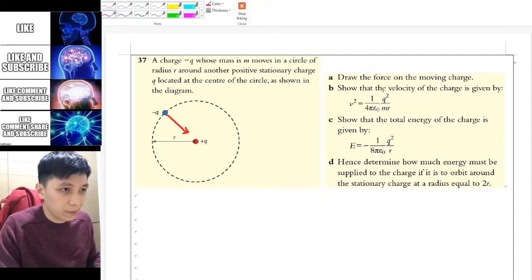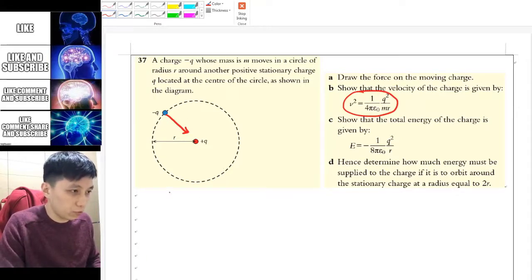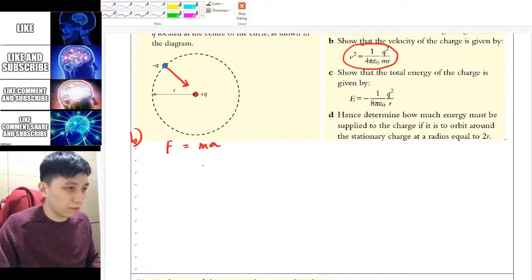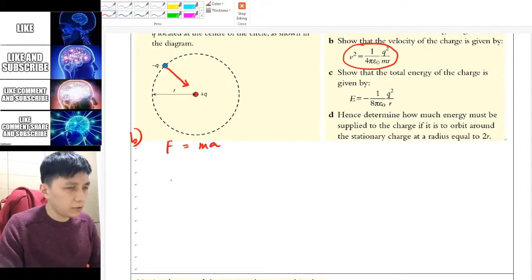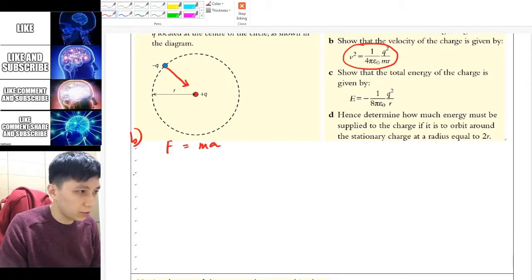For part B, it wants you to derive this equation for the velocity. Obviously we'll be using what we learned in chapter 6, starting with F equals ma and applying it to circular motion. For the force, it will simply be Coulomb's law, which is k Q1 Q2 over r squared.